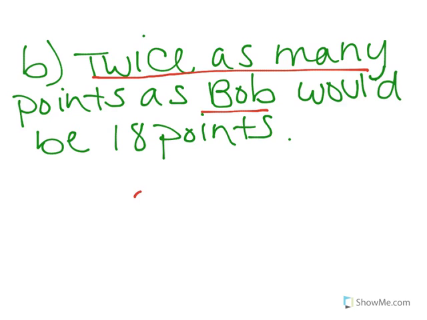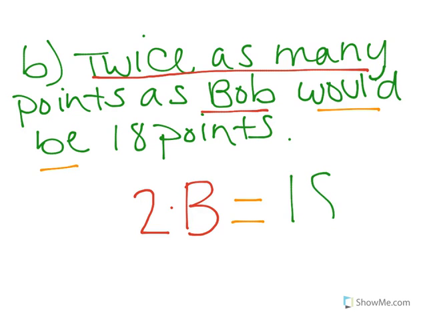I'm going to write 2 times B, or just 2B, would be 18 points. Would be is just a fancy way of saying equal sign. So 2 times the amount of Bob's points equals 18 points. That's how you would write your equation here.